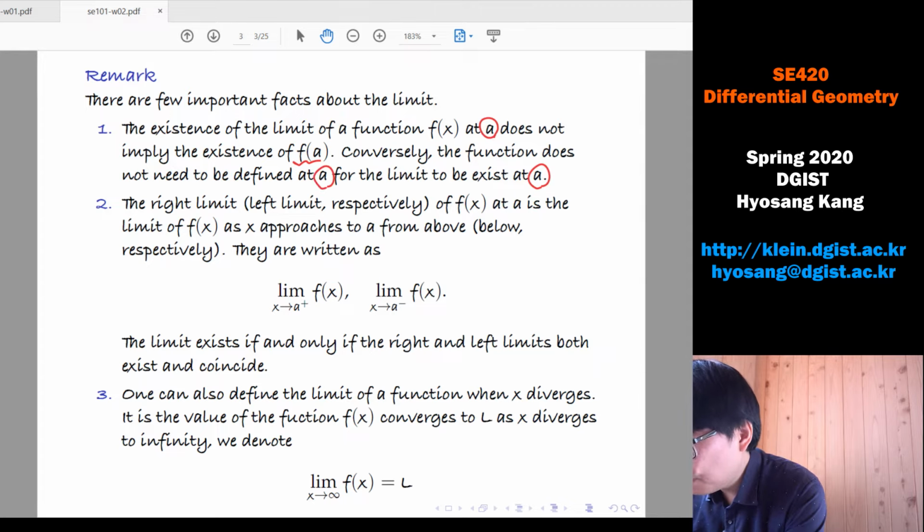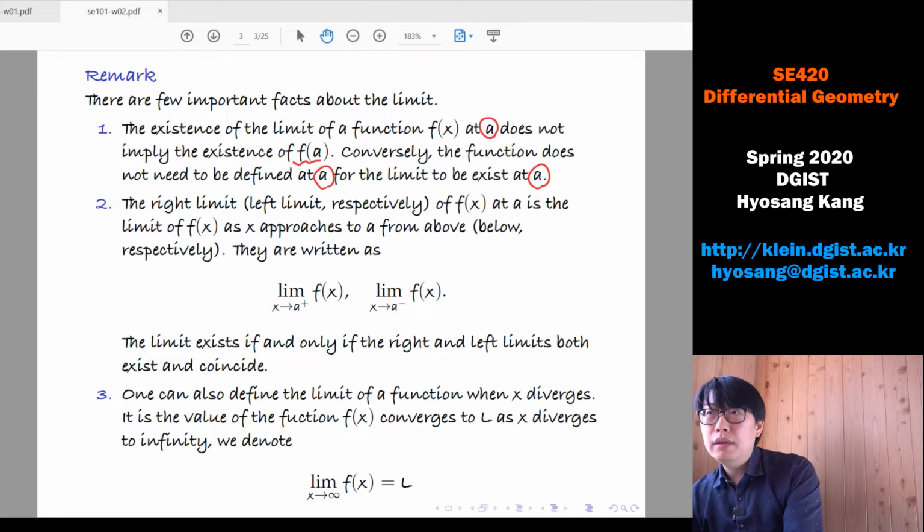A is a symbol. So limit and the value of a function has no correlation. You can have a limit even if you don't have a value defined at the point for the function, and also the function doesn't have to be defined at the point in order to have a limit.